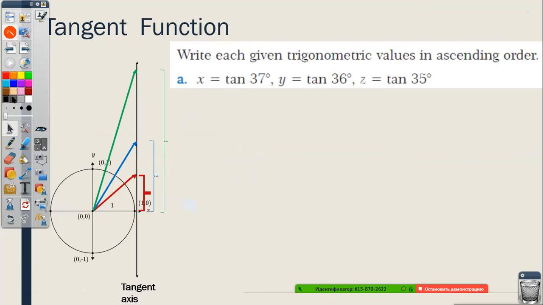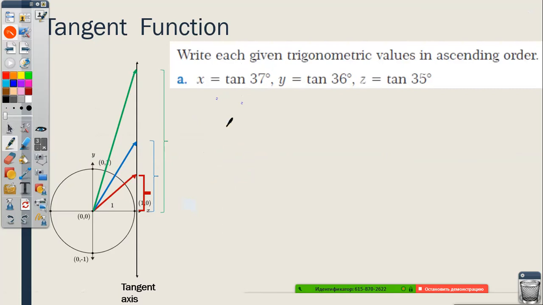So here, these are given. X is tangent 37, y is tangent 36, z is tangent 35. Now, we know that tangent is always increasing. In the first quadrant, tangent is positive and increasing.